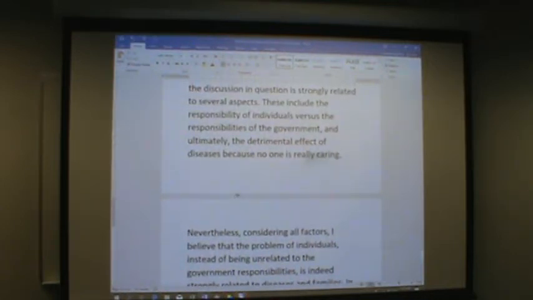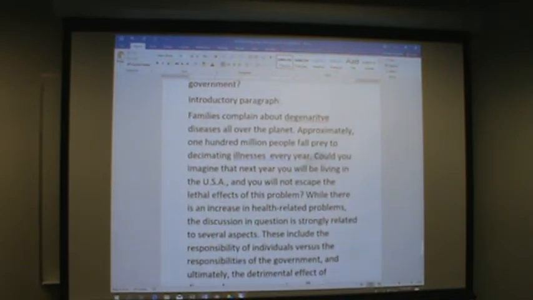I was distracted there for 2 seconds. I cannot continue writing. I need to reread to be connected. Here we go. Families complain about degenerative diseases all over the planet. Approximately 100 million people fall prey to decimating illnesses every year. Can you imagine that next year you will be living in the USA and you will not escape the lethal effects of this problem?